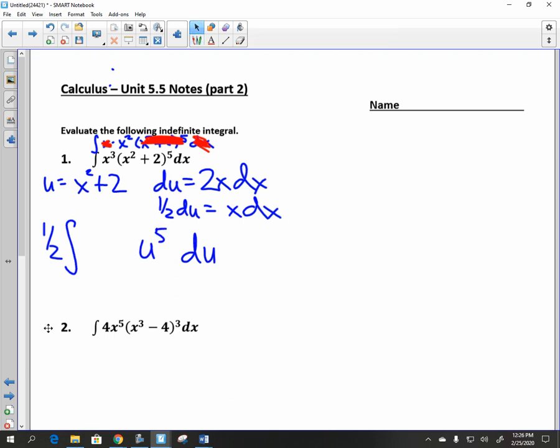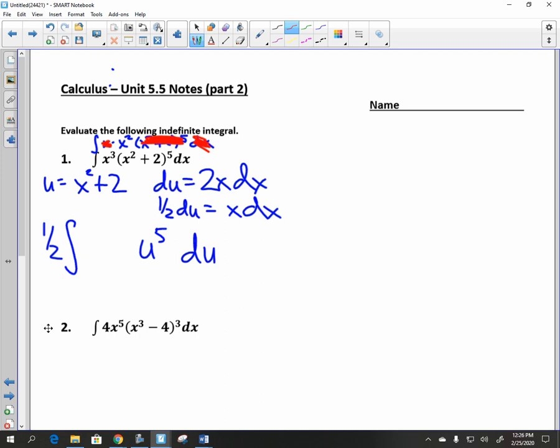And now I've got to get rid of that x squared. Nice thought. Unfortunately, that doesn't work. I need to write everything as a variable of u.